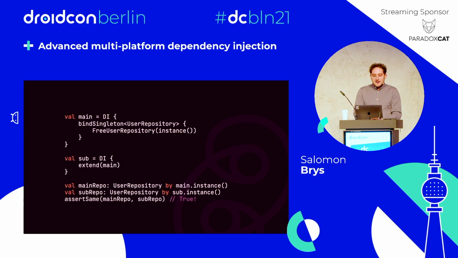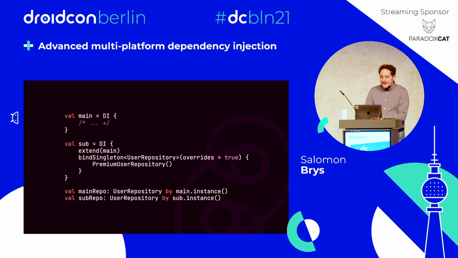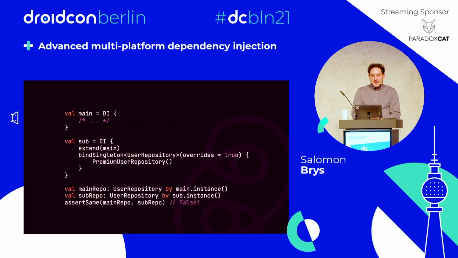Because sub-DI, the sub-container, when asked for a user repository instance, goes back to the main and asks for it. However, if I override this singleton inside sub-DI, then, of course, I will have two different instances. So sometimes you'll have the same, sometimes you won't have the same.